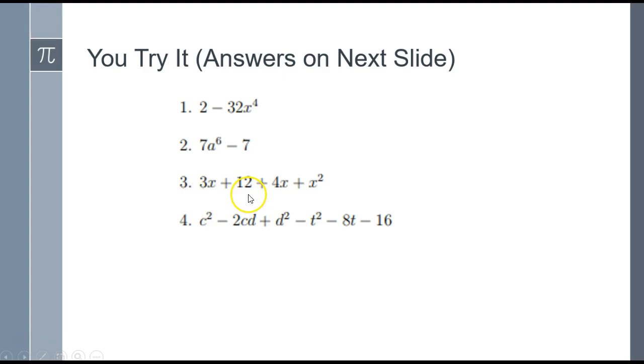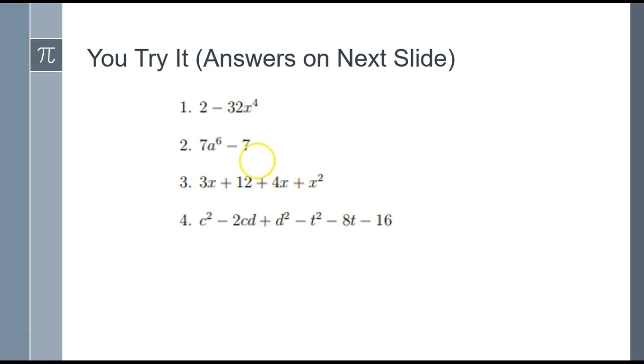So for the 3x plus 12, I can remove a factor of 3, and I'll be left with x plus 4. 4x plus x squared, I can remove a factor of x, and I'm left with 4 plus x. Now, x plus 4 doesn't look the same as 4 plus x, but addition has a property that order doesn't matter. If you're adding positive numbers, the order doesn't matter.